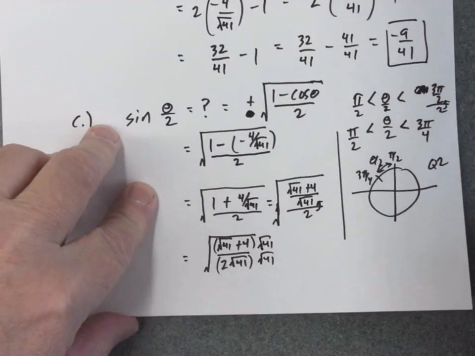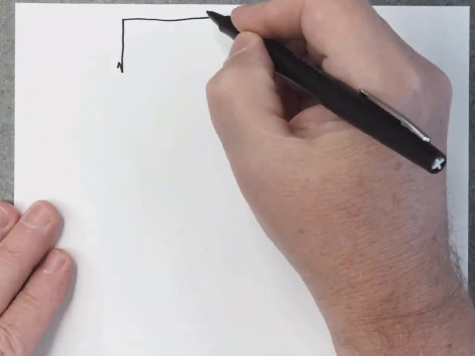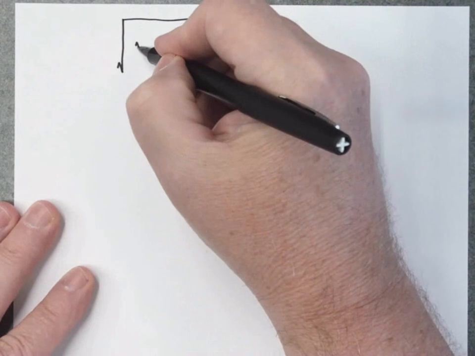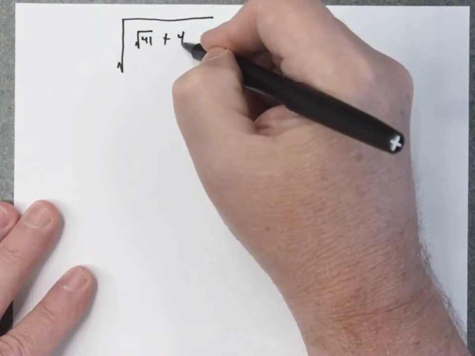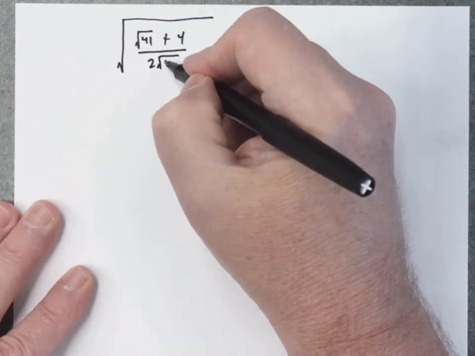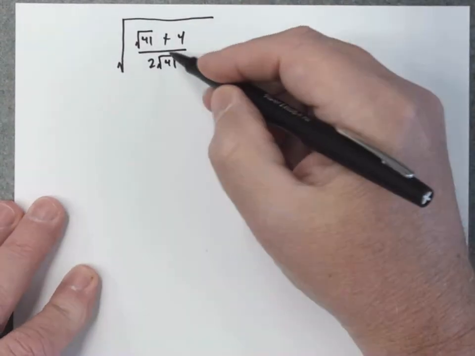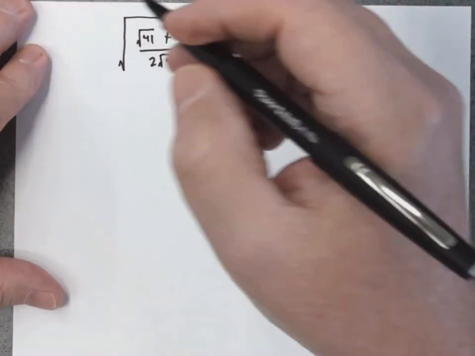Actually, I even need another page, so I'm running out of room. Let me rewrite this just so you can be clear as to what I'm doing. In the world of math, if possible, they don't really like to have square roots in the bottom of a fraction. So they probably want me to get rid of this square root down here.